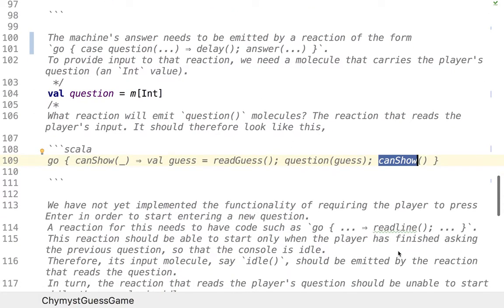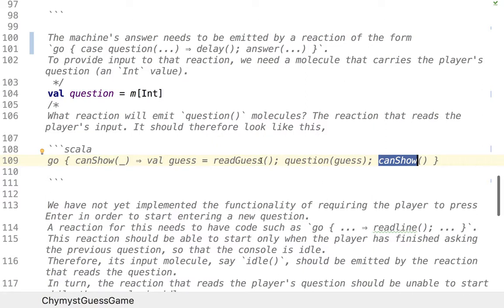All right, let's continue reasoning. So far, we have implemented the functionality of answering the questions and of entering users' information, the player's guess. But we have not yet implemented the requirement that the player should press enter in order to start entering a new question, because we need this functionality.